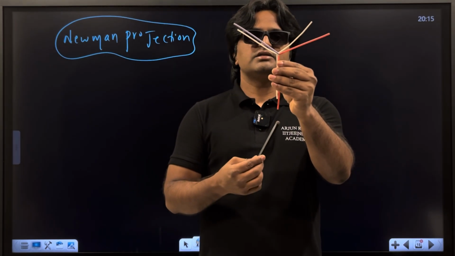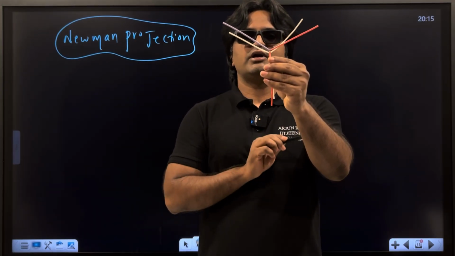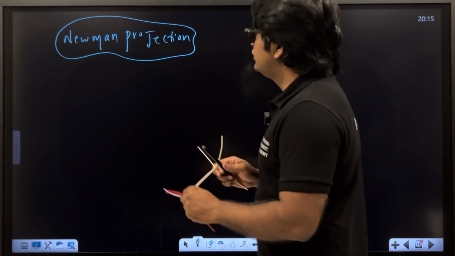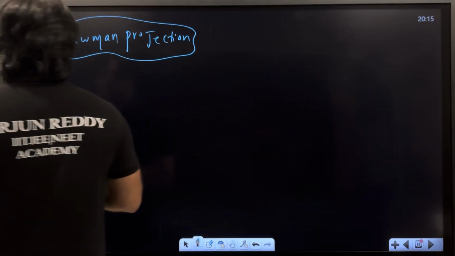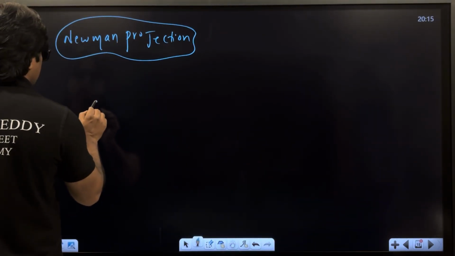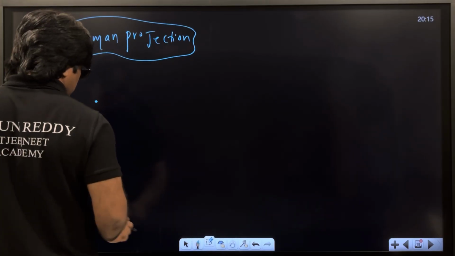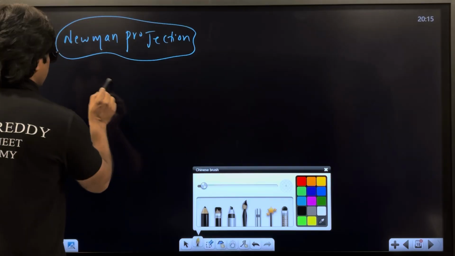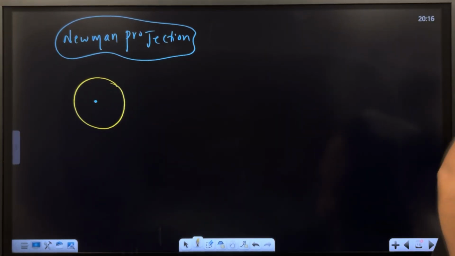Because of identical size, you can see only the front carbon atom and you cannot see the back carbon atom. So in order to see both carbon atoms, the rule given by Newman is: front carbon atom represented by a dot, and back carbon atom represented by a circle.